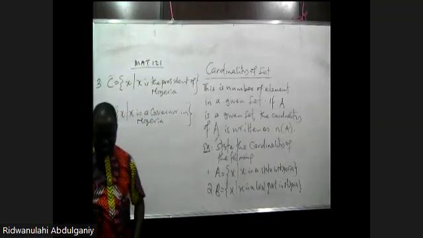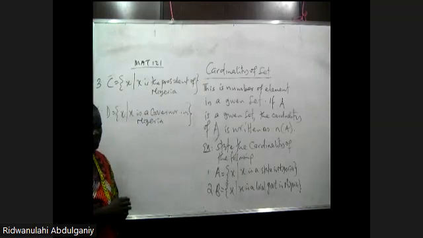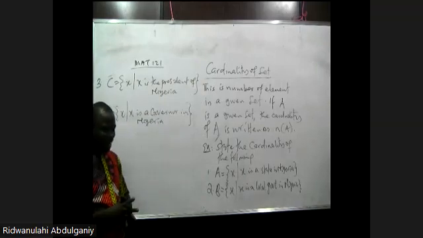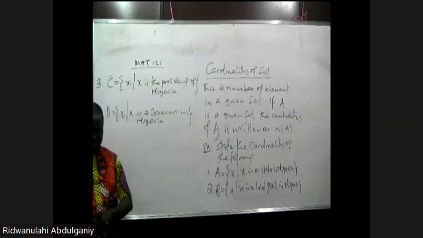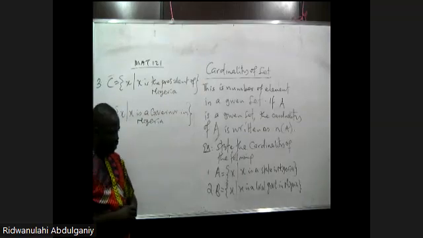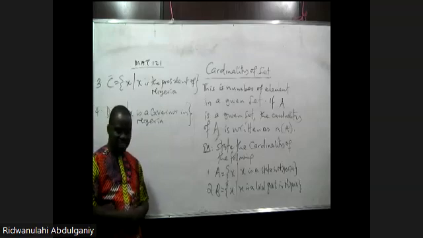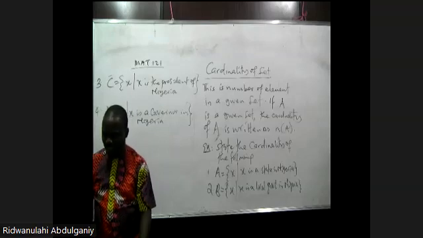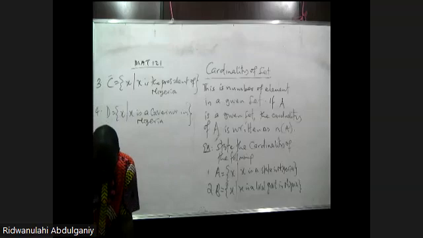So let us take each one of them and answer the question. We said cardinality is the number of elements in a set. Let's look at number 1: X is a state in Nigeria. What is the cardinality of A? Shegun, over to you. The cardinality of A is 36.